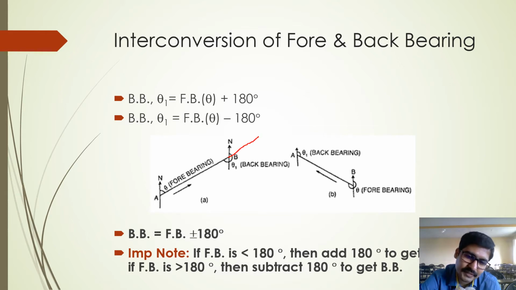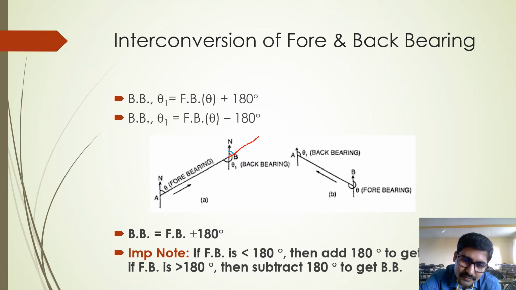So I am extending line AB. When I extend line AB, I get one more angle here with respect to north. Look at this. Can you see this blue colored angle? This angle will be the same as this angle, isn't it?